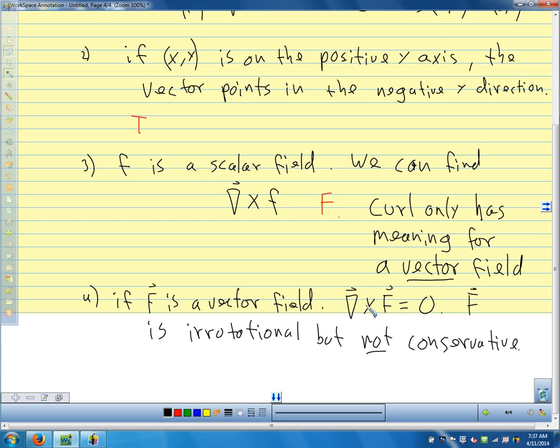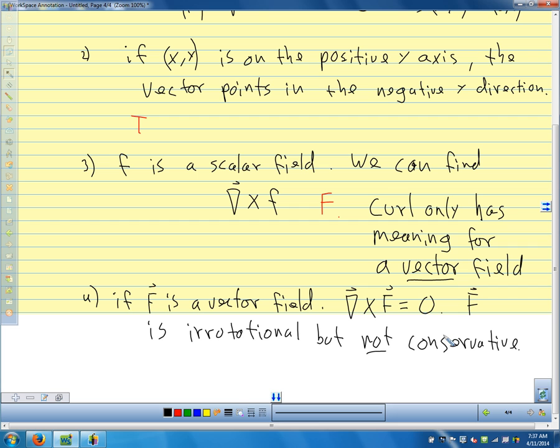We said that a field is irrotational if the curl is 0, and we also said that that was our test for a conservative field. So to be conservative, our mixed partials are equal. Same thing for irrotational. So the curl equals 0, the field being irrotational, and the field being conservative all are the same thing. What were you going to say, Matt?